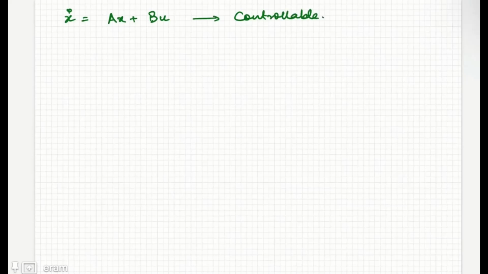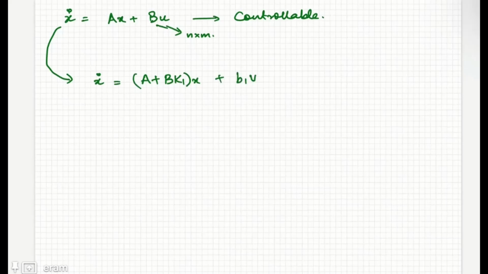Now the procedure remains the same, but the important thing is that if our original system, x dot equals Ax plus Bu, where B is some n cross m matrix, is controllable, then we can convert our original system to the form x dot equals (A plus BK1) into x plus B1 into some function v, where our state matrix is converted to A plus BK1, and our control matrix is converted to B1, which is an n cross 1 vector.